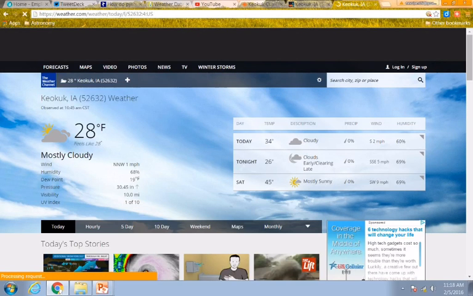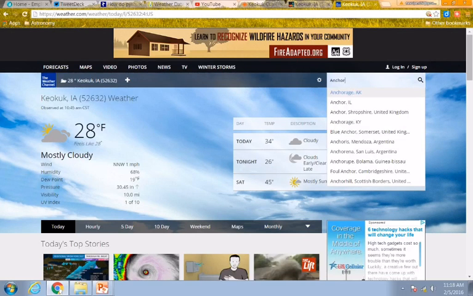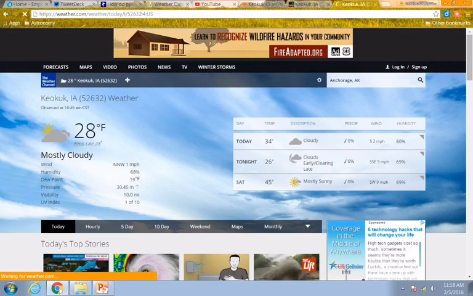Okay, so we need someplace with wind. Anchorage. I should trust my phone, because it says feels like 41, but it's 28. How do you spell Anchorage? I just want someplace with wind.